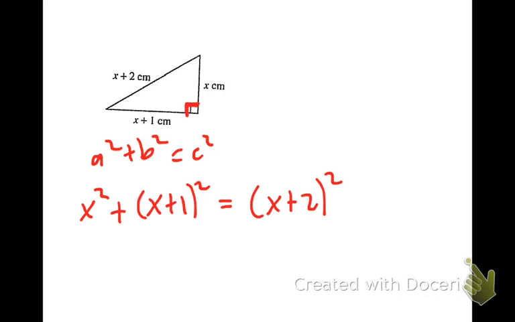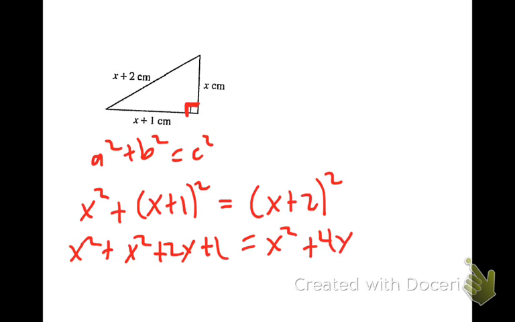And we multiply everything out, so we would have x squared plus 2x plus 1 equals x squared plus 4x plus 4. And so then we have x squared minus 2x minus 3 equals 0.